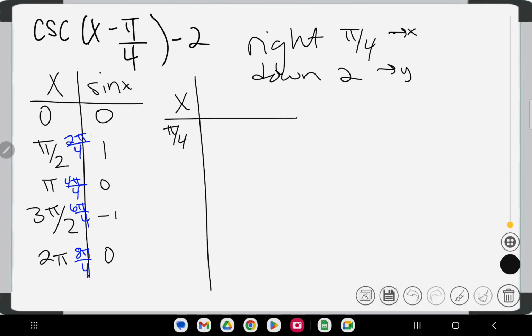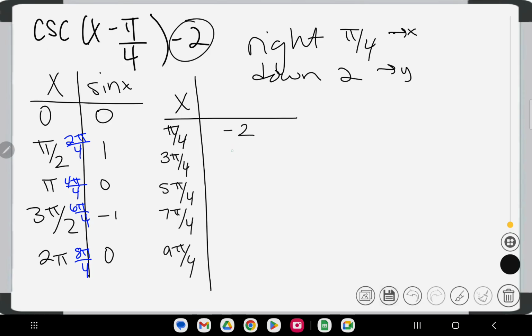I'm going to add pi over 4 each time. So I'm going to get 3 pi over 4, 5 pi over 4, 7 pi over 4, and 9 pi over 4. And then the y's have shifted down 2.